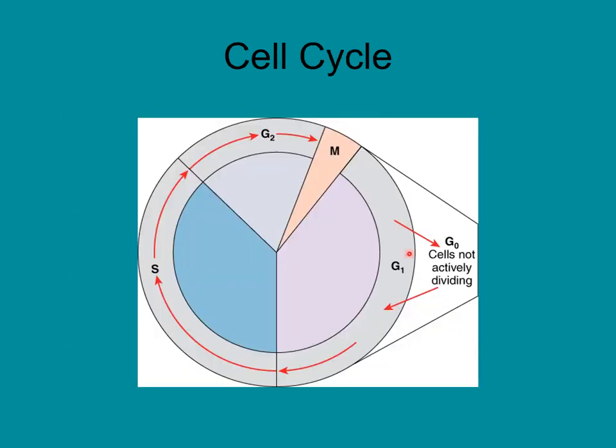So if you have a brand new cell, as you can see here, it's going to move around through the G1, through the S, through the G2, and the M little slice of the pie right here, that's the mitotic phase. So you can see proportionally very little time is spent in that portion.